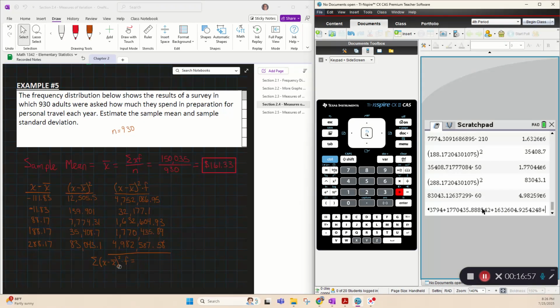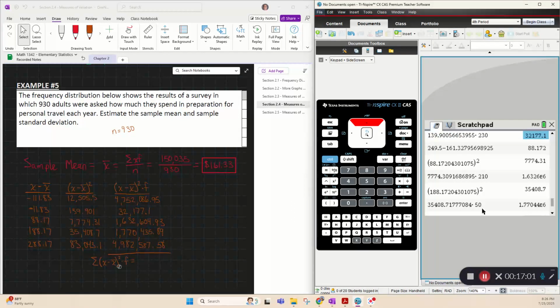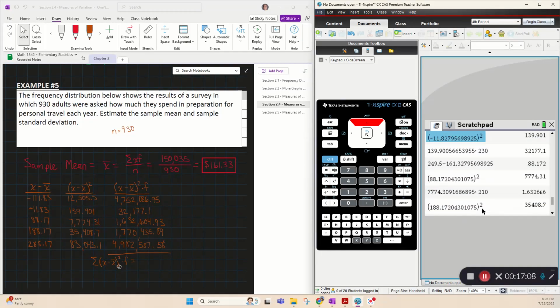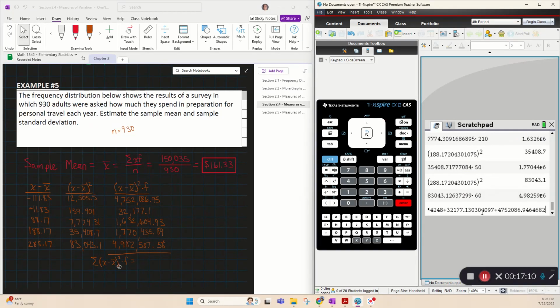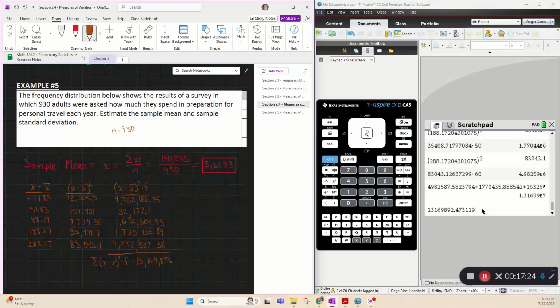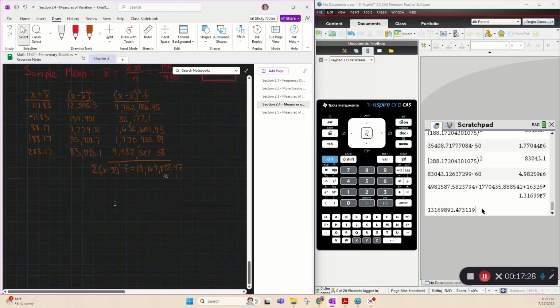Plus. I need the 32,000 one somewhere up here. That one. Plus. And then I need the 4 million one all the way up here. It's going to be an even bigger number. Okay, so 13,169,892.47.